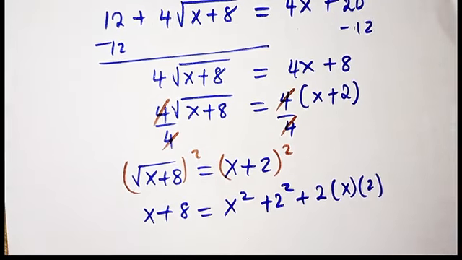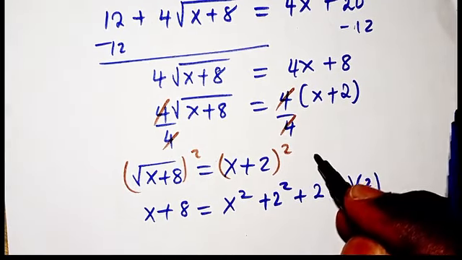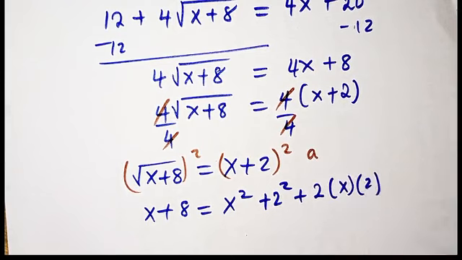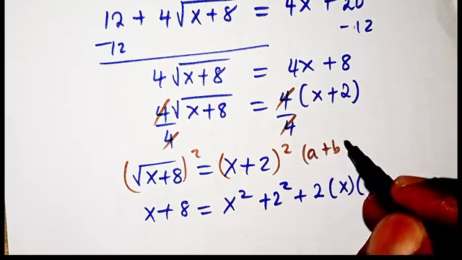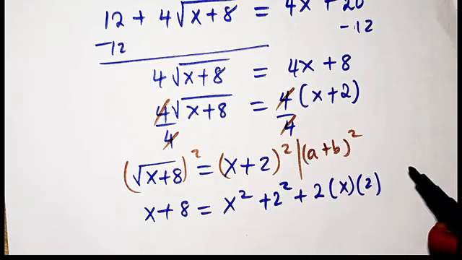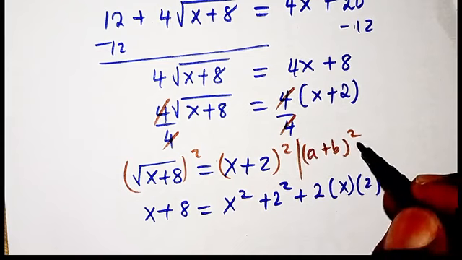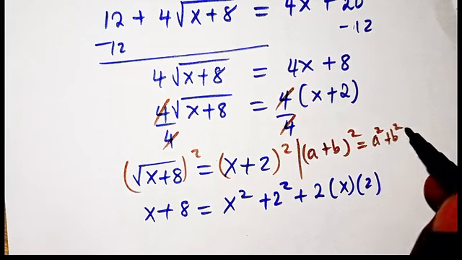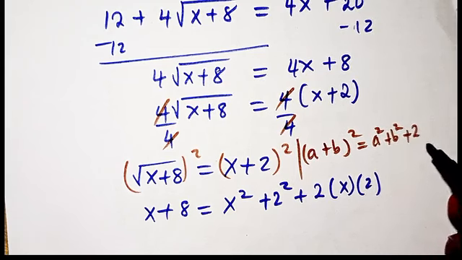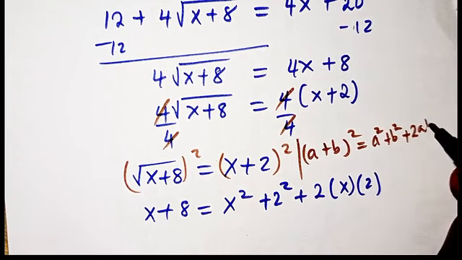So this is what we use here, a plus b all squared will give us a squared plus b squared, it's going to be plus because we have plus 2ab.